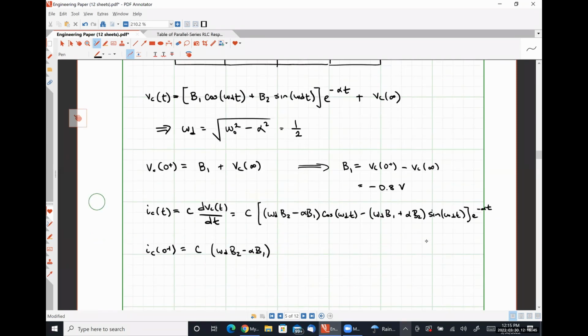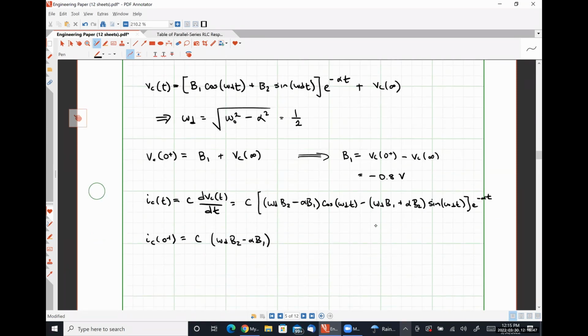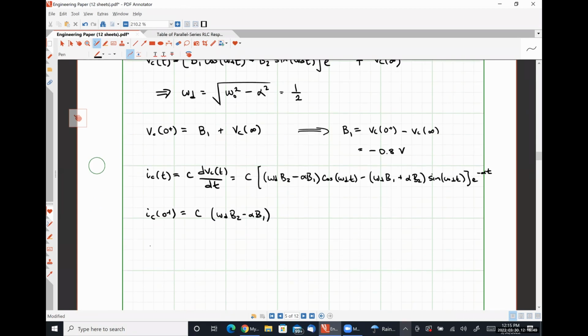So let's do a little bit of algebra here. IC at 0 plus over C, plus alpha B1, all divided by omega d, is equal to B2. Now, algebra check out.